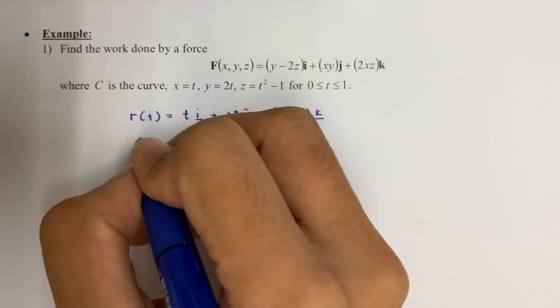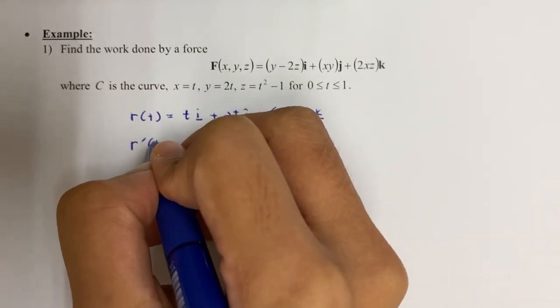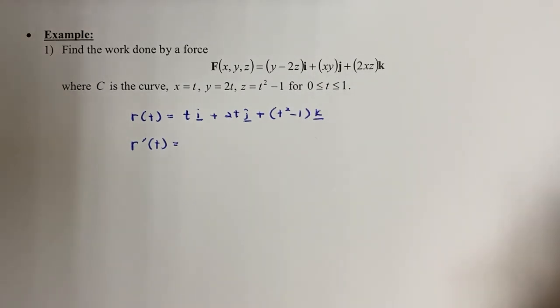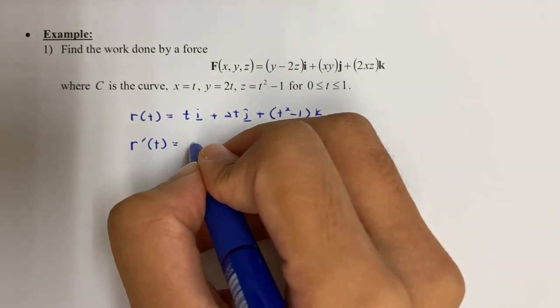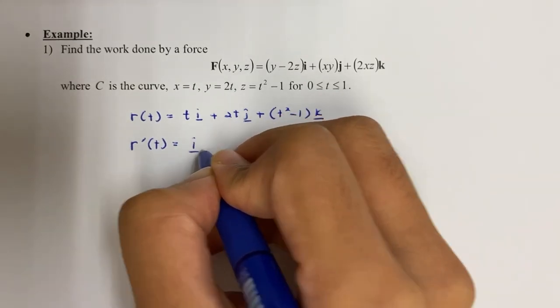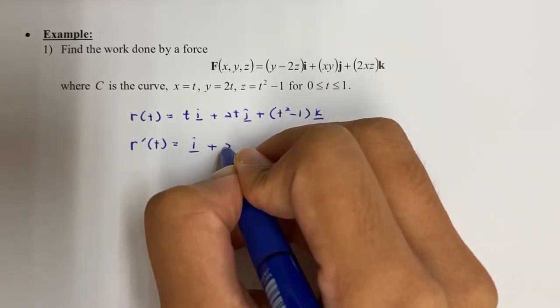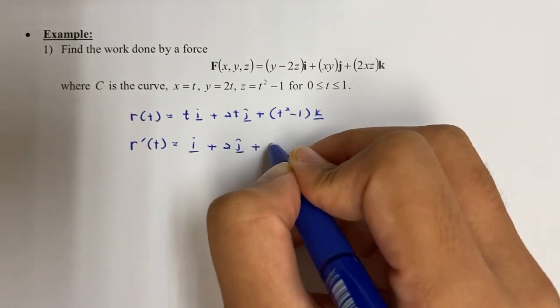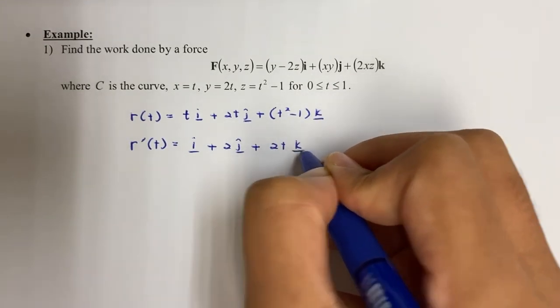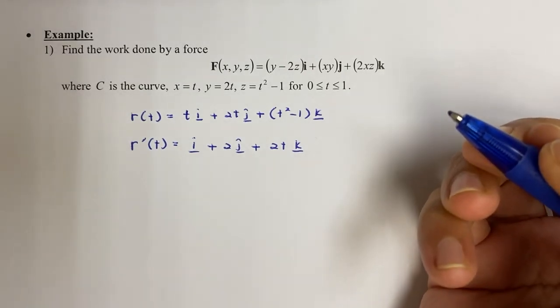The second step is to find r prime(t). Differentiate t, you have 1, so i, plus 2t, you have 2j, plus t square minus 1, I have 2t, k. This is my r prime(t).